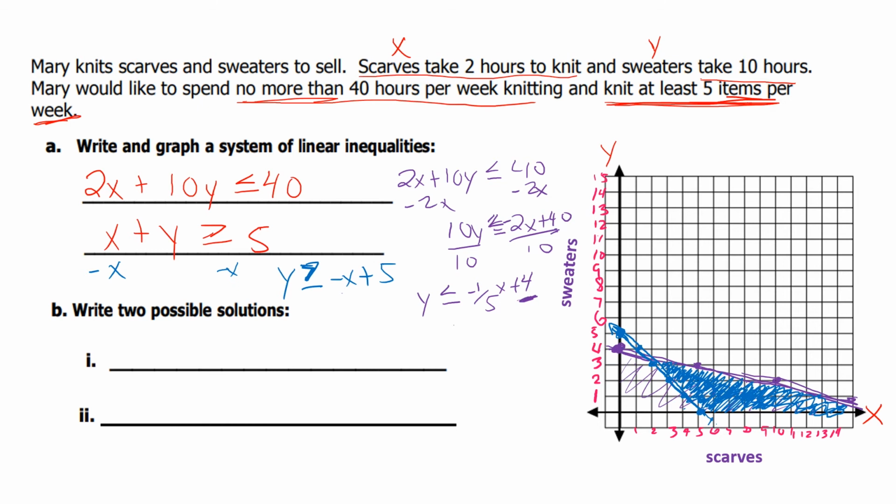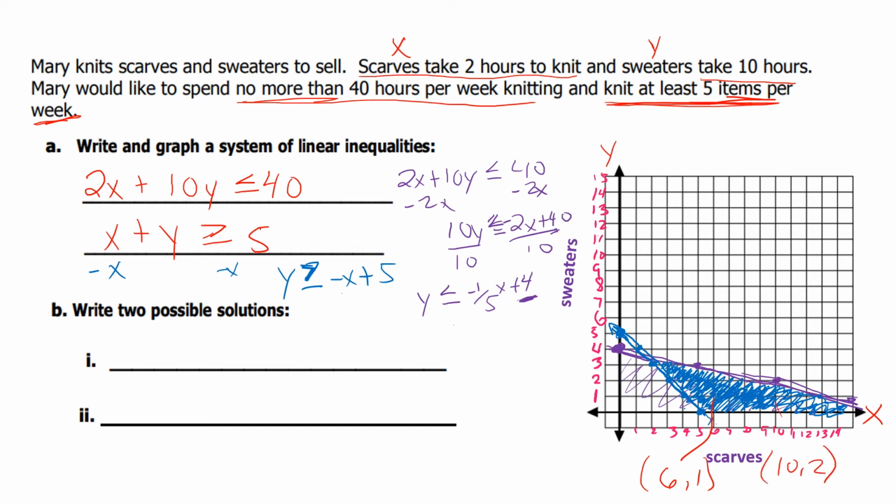And so I'm just going to pick 2 ordered pairs. So within this region, one ordered pair would be, I could say 6, 1. And I could also say 10, 2.